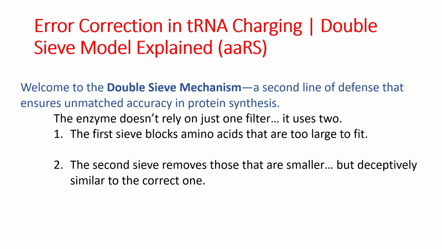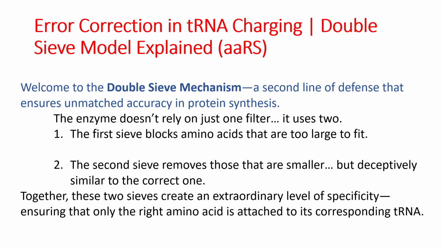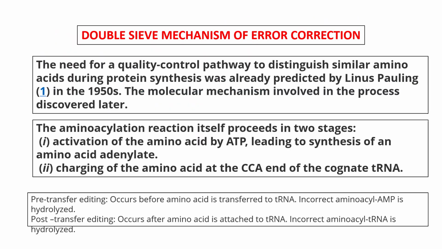That means they are very similar to the correct amino acids. Together, these two sieves create an extraordinary level of specificity, ensuring that only the right amino acid is attached to its corresponding tRNA. So let us now explore the double sieve mechanism.